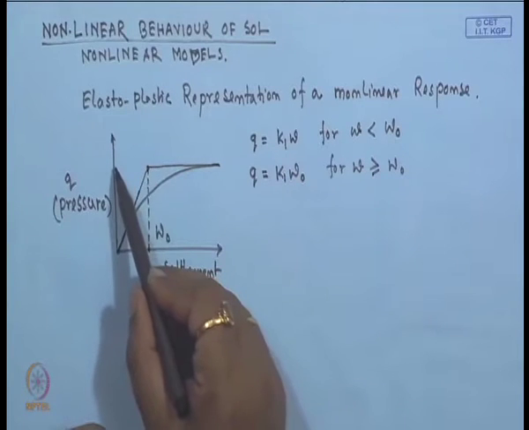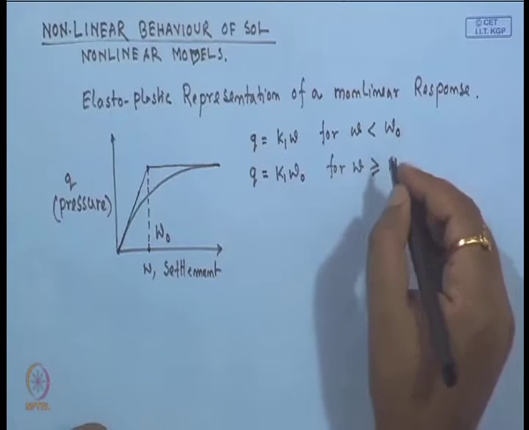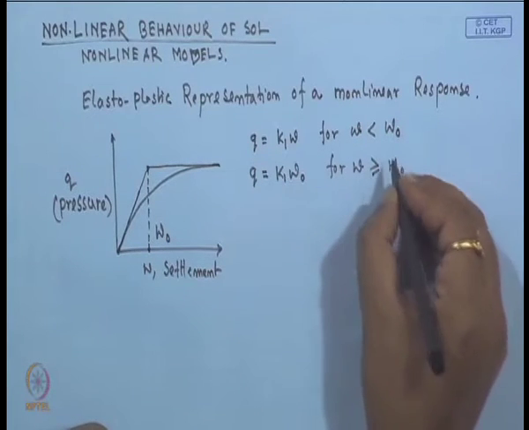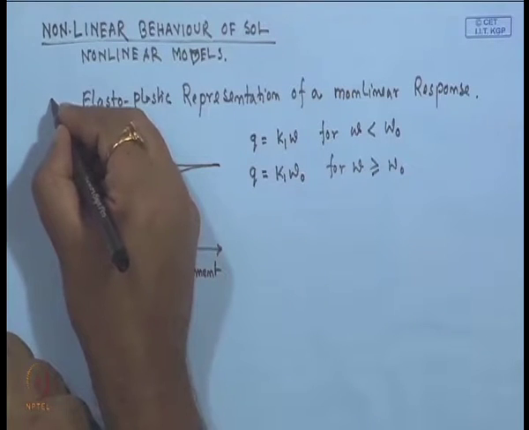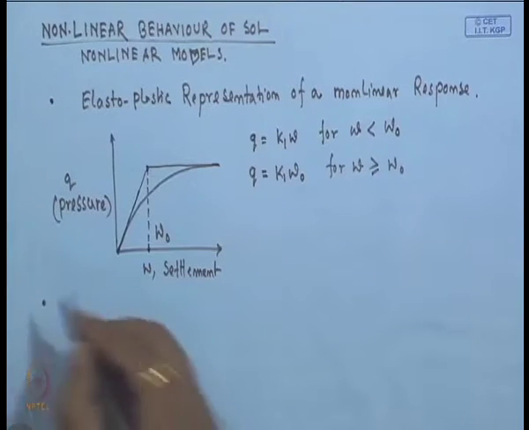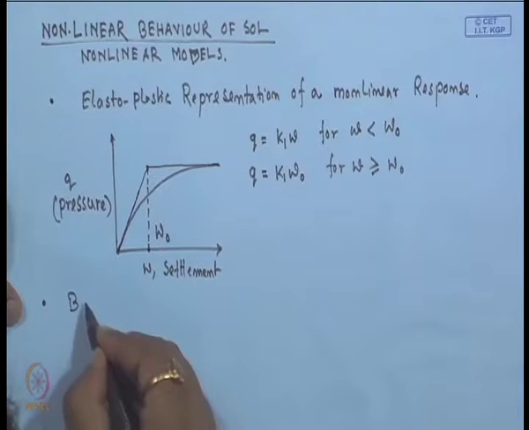That will be Q equal to K 1 into W 0 if W is greater than or equal to W 0. So, this is one nonlinear model. Next nonlinear model, the bilinear representation.